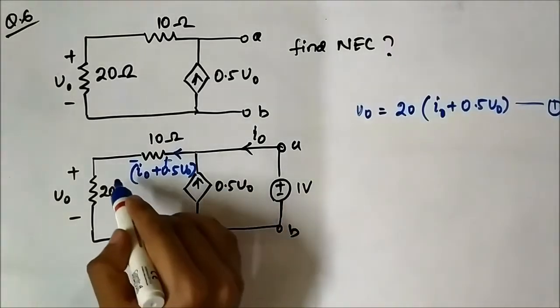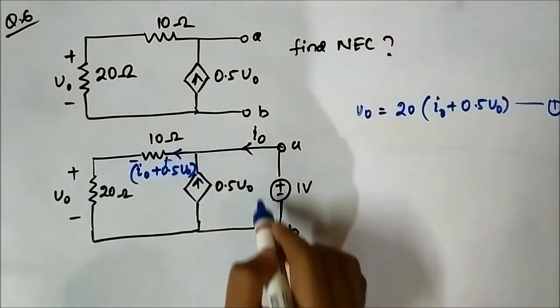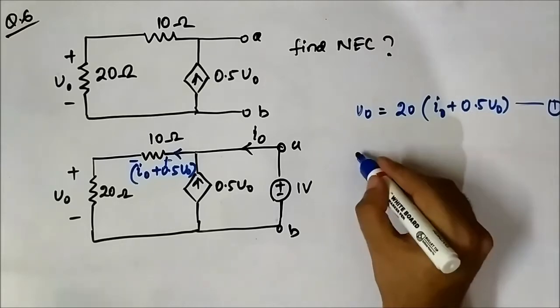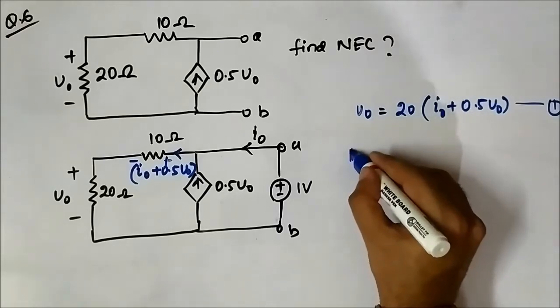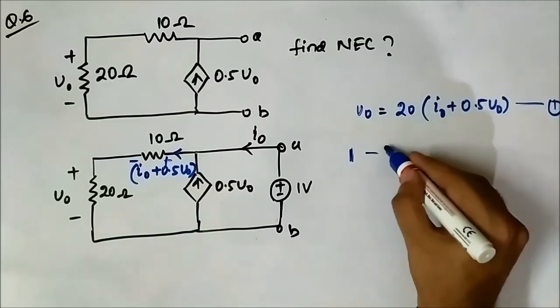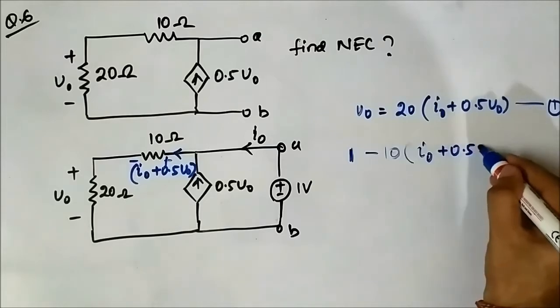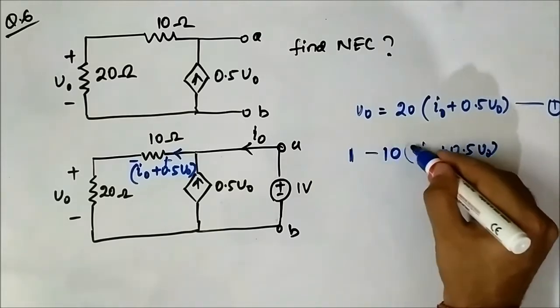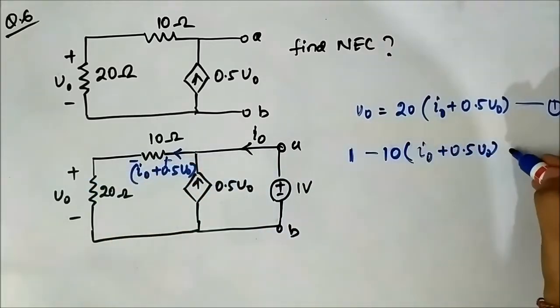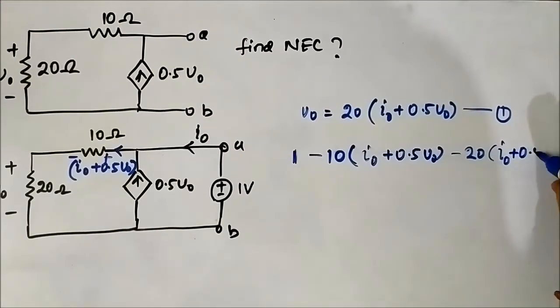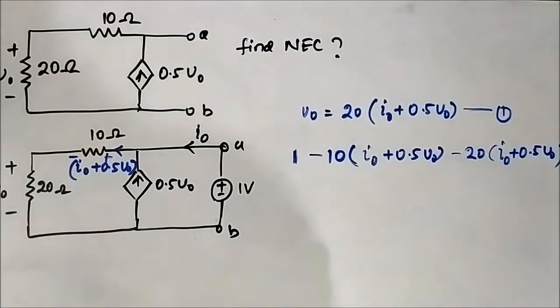So when we apply KVL directly to these two meshes combined, starting from here, we can write the KVL equation as 1 minus 10 into I0 plus 0.5 V0, minus 20 into I0 plus 0.5 V0, so this is equal to 0.